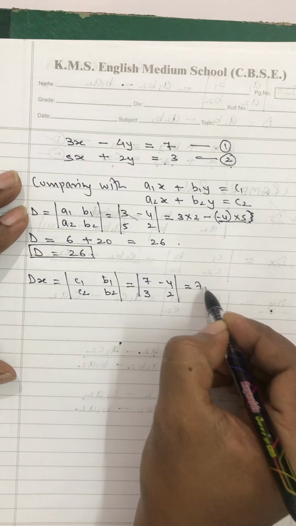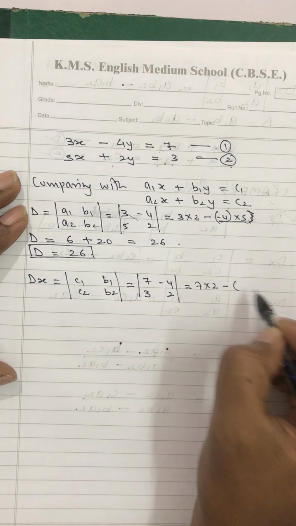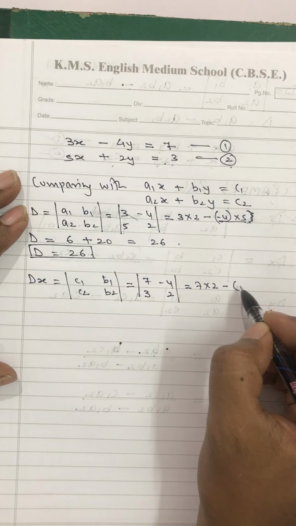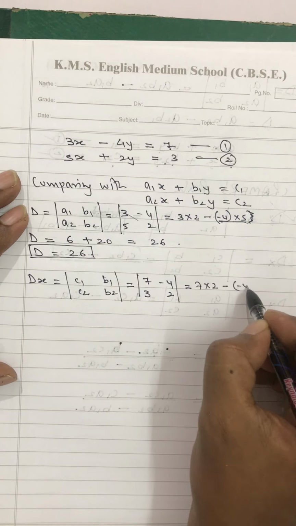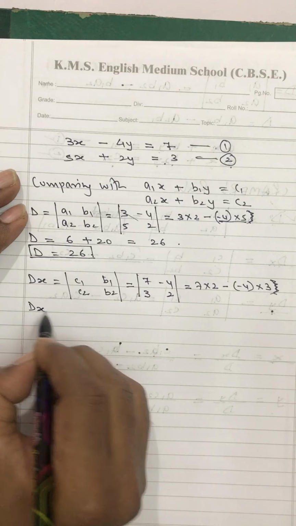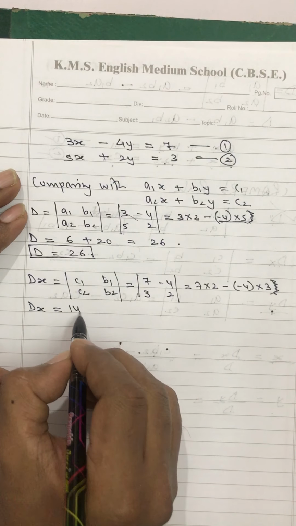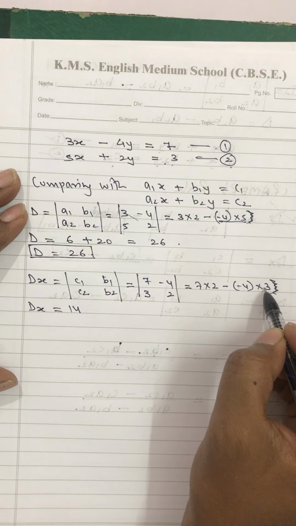This will become 7 into 2 minus minus 4 into 3. So what will this give? 7 2s are 14. Minus times minus is plus, 4 3s are 12, and this will give you again 26. So you get dx is equal to 26.